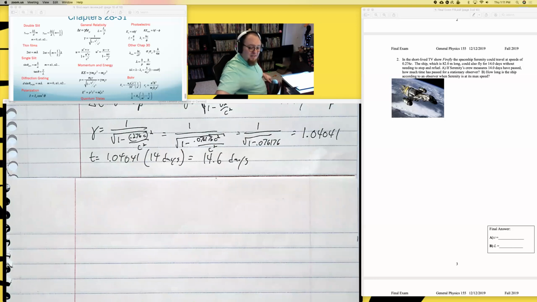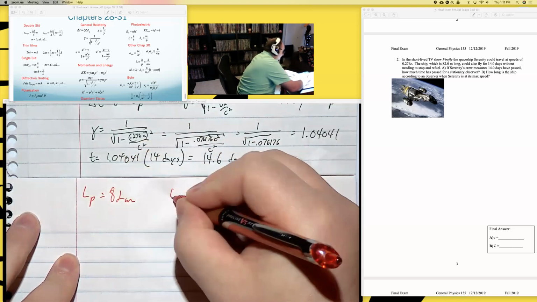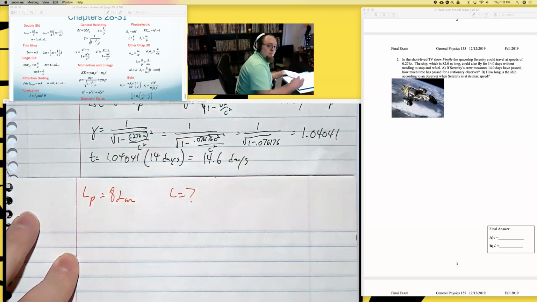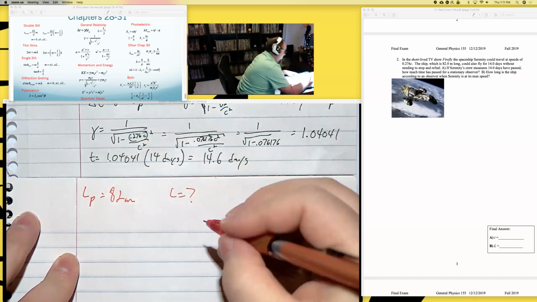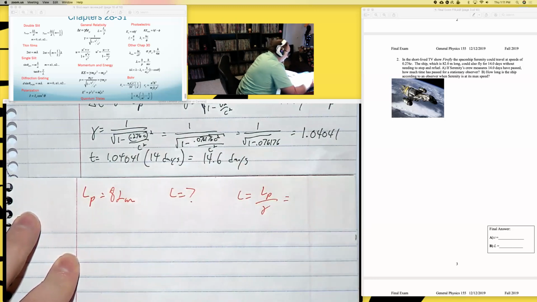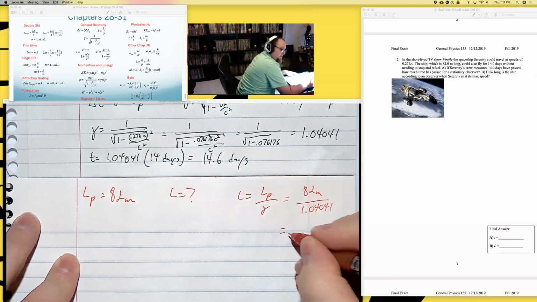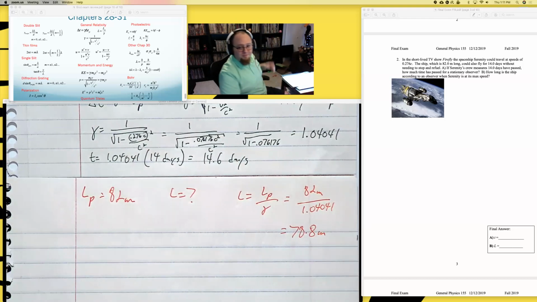So that's almost definitely the proper length, and I want L. Well, we know L equals L proper over gamma. And I already solved for gamma, so I'm not going to bother solving for it again. And I'll get an answer.